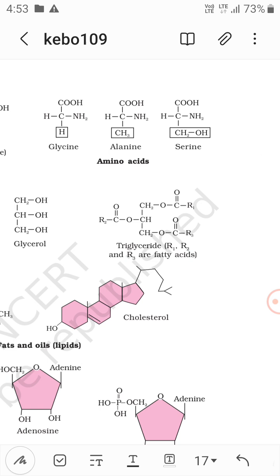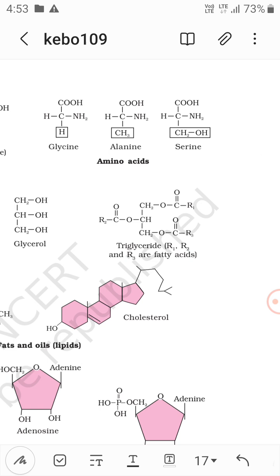Fatty acids have an R group, that can be methyl, ethyl, 1 to 19 carbon, and so on, R1, R2 and R3.